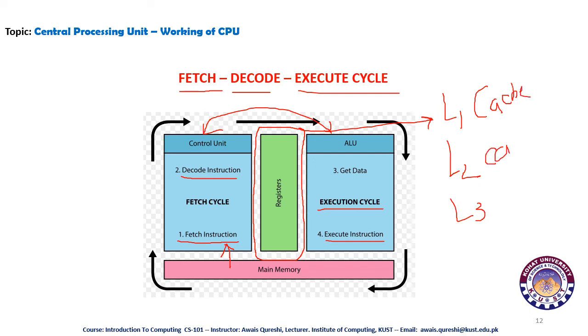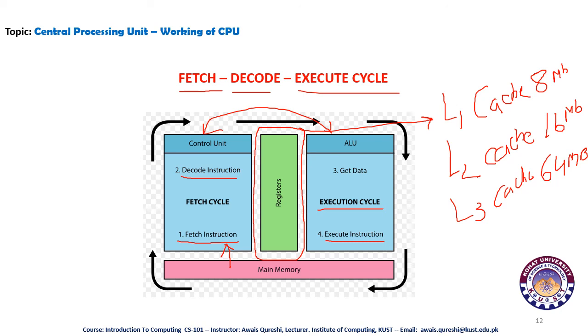We call them caches, L1, L2, and L3, and their sizes are typically at least 8 MB, and nowadays the L3 cache comes in the form of 64 MB. Their sizes are in megabytes: 8 MB, 16 MB, and 64 MB.